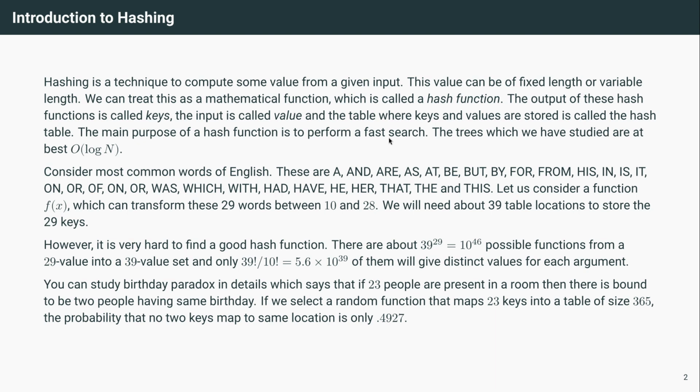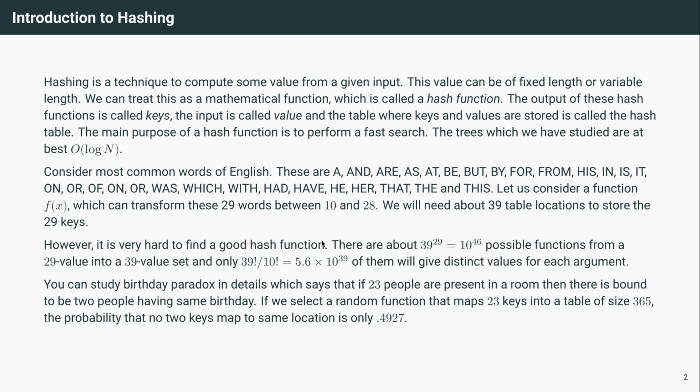Most of the trees give you order of log n. Even a red black tree will give you order of log n. But it is very difficult to find a perfect hash function. For example, consider the 29 most popular words, and suppose you want a function which can transform them into values between 10 and 38, so we will need 29 table locations to store the 29 keys.